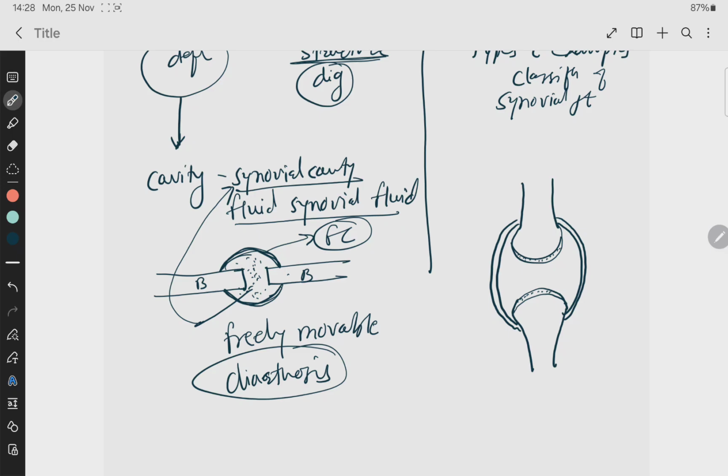And then there lies this red color, which is the synovial membrane, and which consists of this synovial fluid in it, okay. So that is the main structure of the synovial joint.